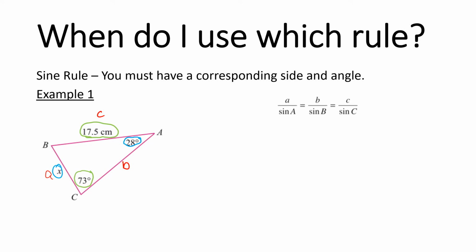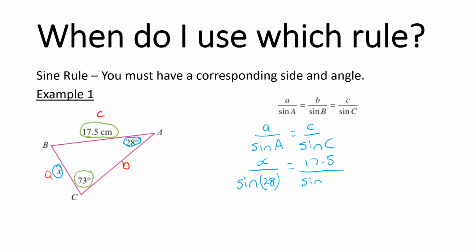So we're going to use A over sine A equals B over sine B equals C over sine C. Because we're finding a missing side, we leave our sides on the top. So it's going to be A over sine A equals C over sine C. So X over sine 28 equals C, which is 17.5, over sine 73.